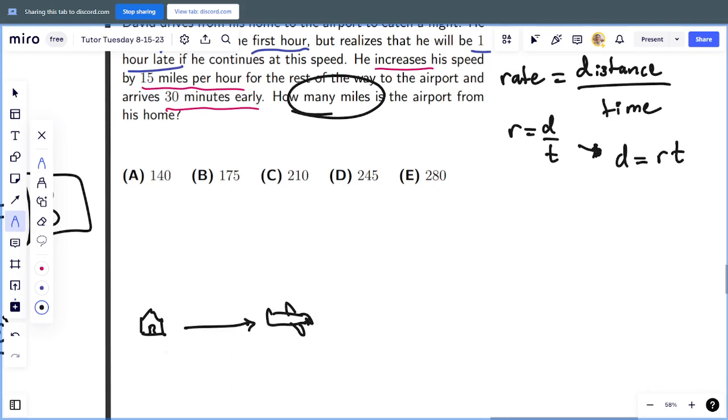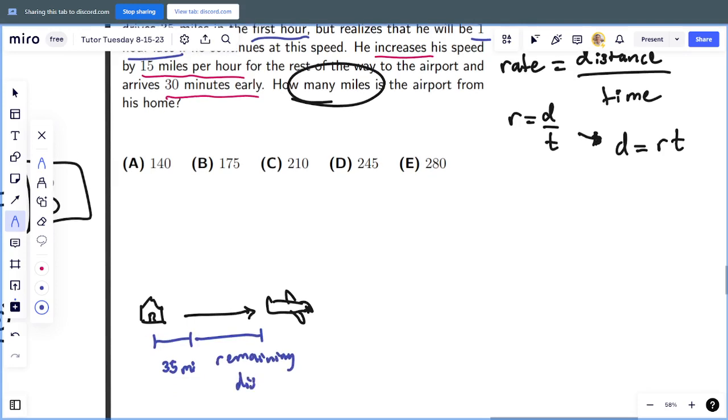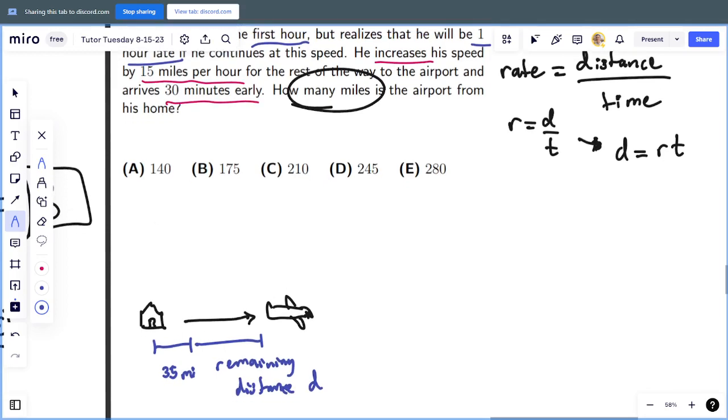He's driving in the first hour. He goes 35 miles. And then we have the remaining distance d. I could write an equation for this remaining distance d.